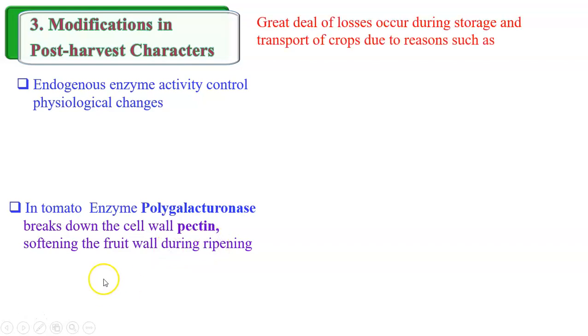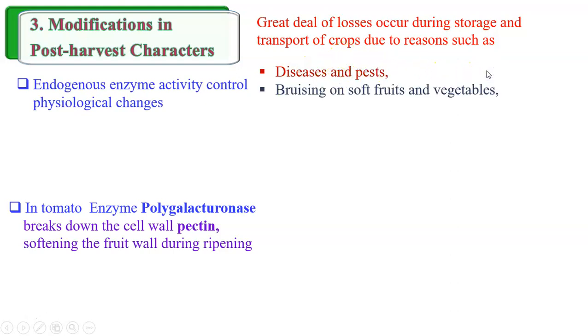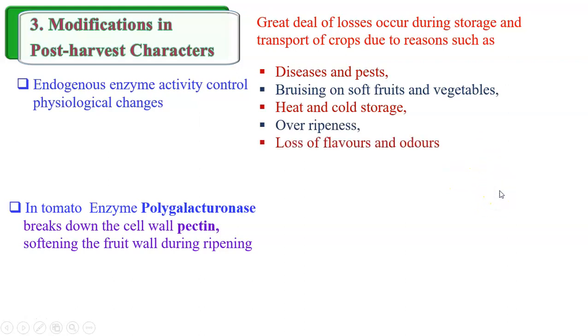But as a result of these physiological changes, great deal of losses occur during storage and transport activities, such as the products may get affected by disease and pest, bruising on soft fruits and vegetables happens, heat and cold storage damages the texture of the product, over-ripeness also happens, and loss of flavors and odor.